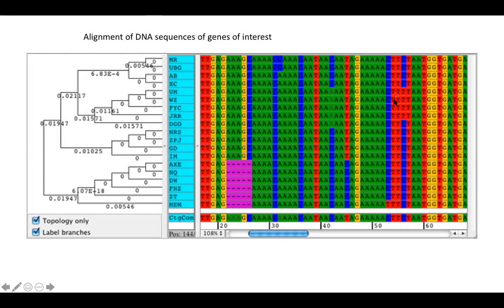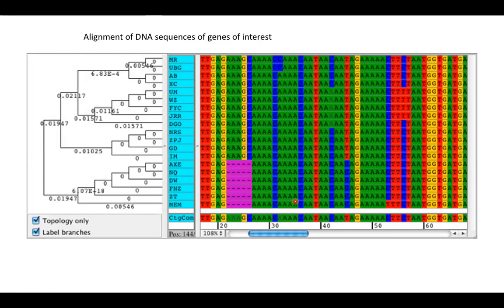Okay, and if you look at this, you'll see there are other areas of dissimilarity, and the computer program will use that to work out how related the living organisms are to one another. Okay, so that's using genetic material, using the DNA.